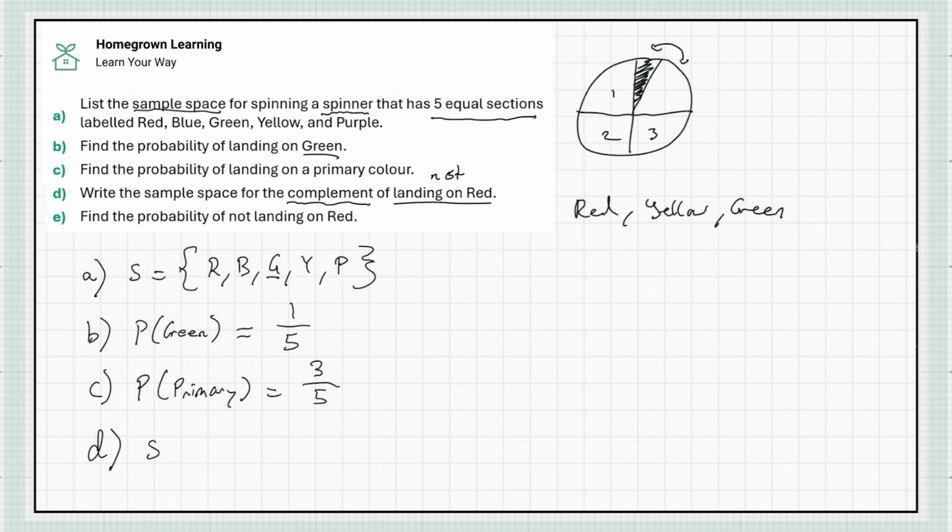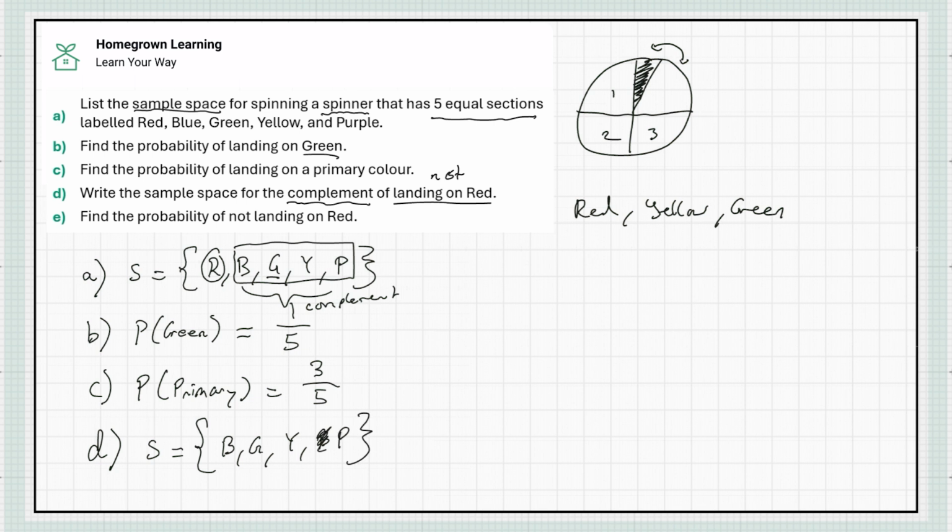So if we go to our sample space, what up here is not red? Well, everything over here is not red. That means that the event is red, and everything here is the complement. So blue, green, yellow, and purple.